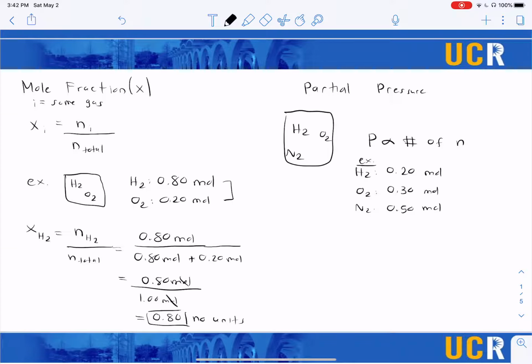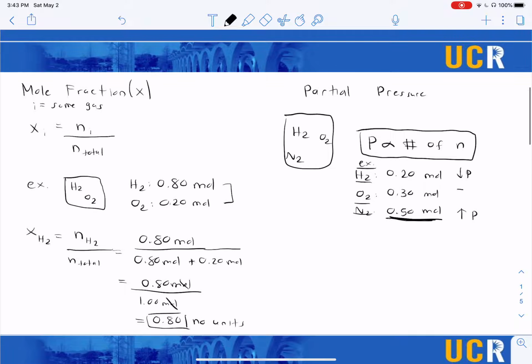So what gas between these three would have the highest pressure? Based on this idea that pressure is proportional to the number of moles, the gas with the highest number of moles would have the highest pressure. In this case, it'd have to be nitrogen. So nitrogen would have the highest pressure, hydrogen would have the lowest pressure, and O2 would be in the middle.